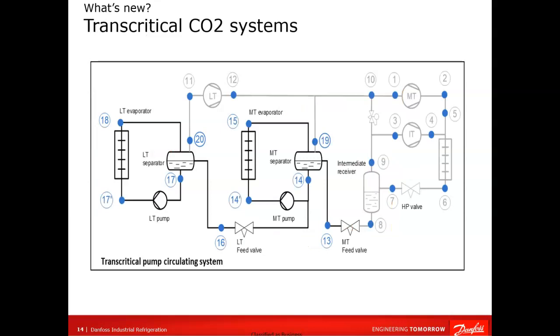And something very new, these transcritical CO2 systems, a lot more components, a lot of possibilities for us. The system, in my view, is more complex than the standard ammonia system. Technology in CO2 systems is developing very rapidly from year to year. There is a lot of good information in our handbook.